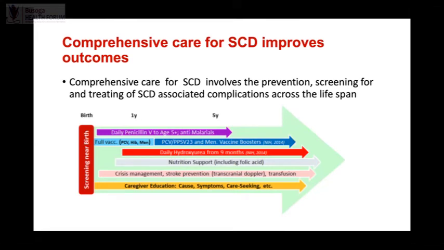Even in the United States, even in Europe, people with sickle cell disease generally die about 20 years earlier than other healthy adults. So sickle cell disease is still associated with early mortality. Intervening very early, before the organ damage happens, is very, very important.